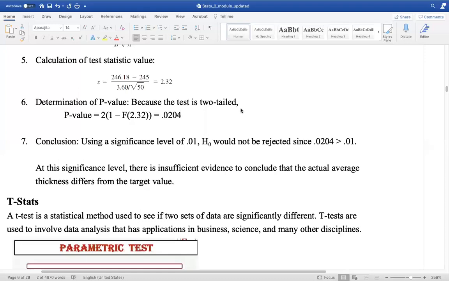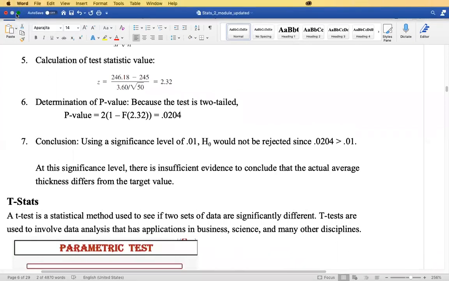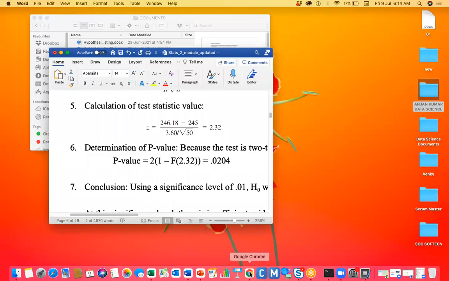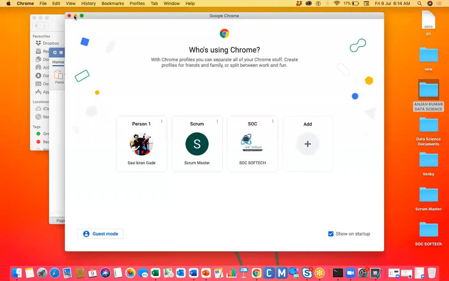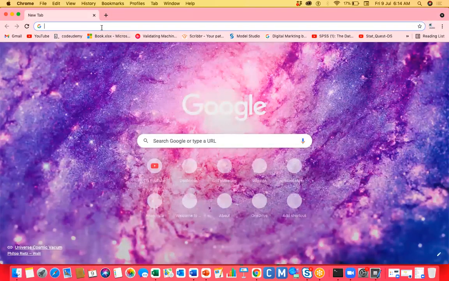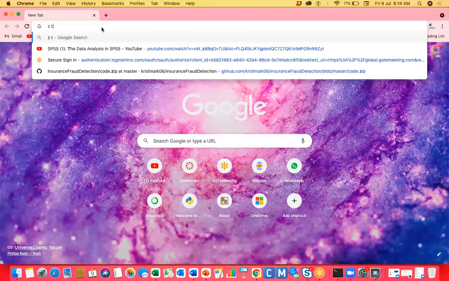For this one, we have the Z table. I can show you the Z table on Google.